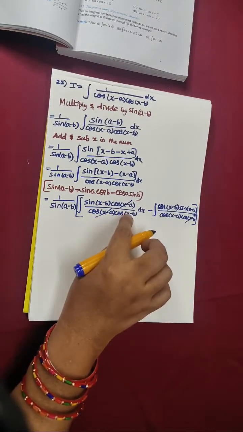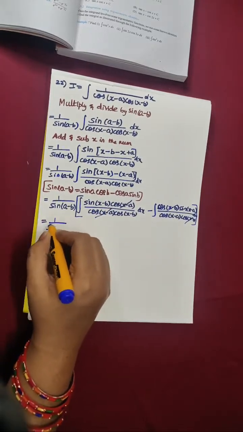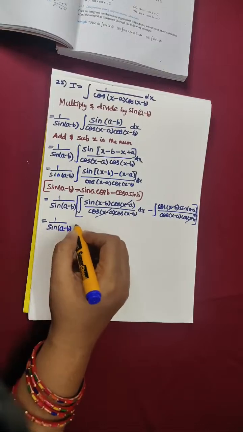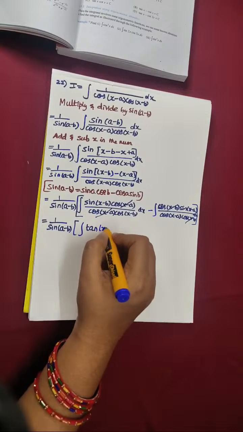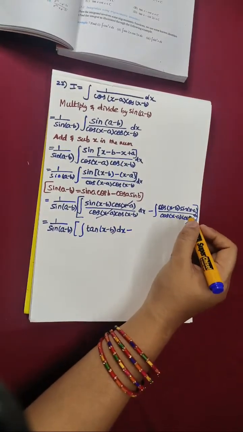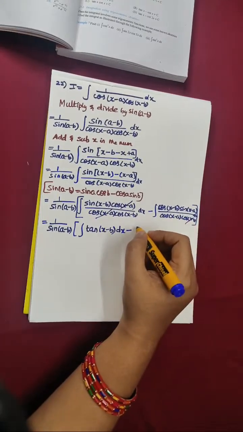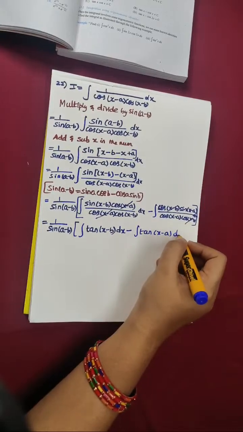Since the arguments are the same, you can use the relation: sine by cos can be written as tan. So it is tan of x minus b dx minus, here also sine of x minus a by cos of x minus a, that can be written as tan of x minus a dx.